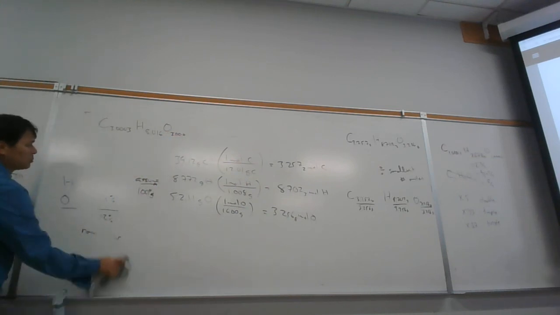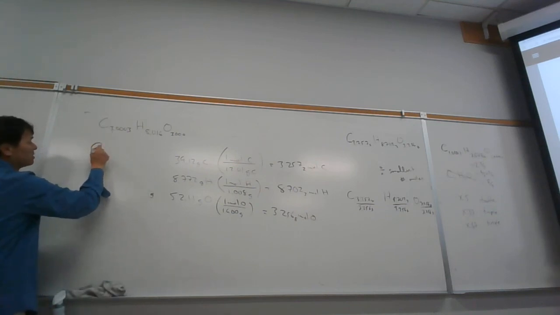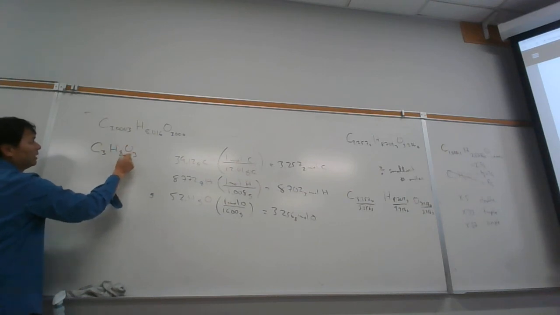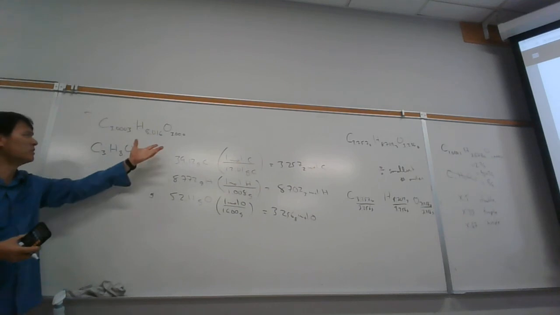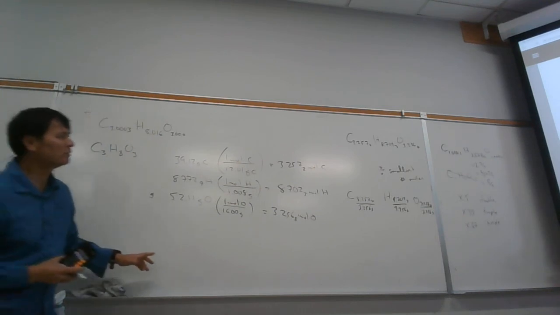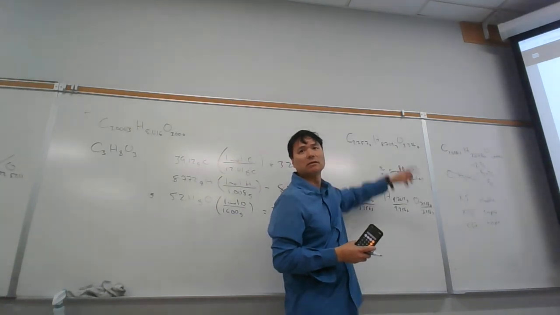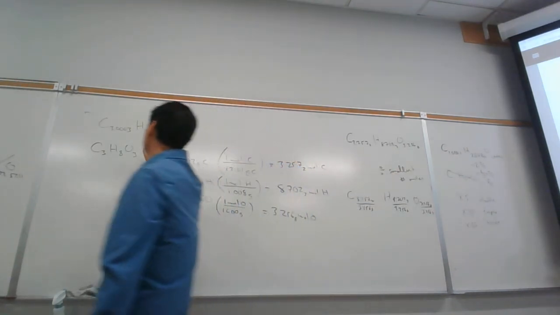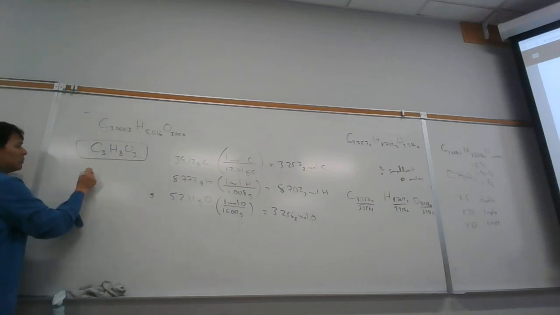Okay, now I feel much more comfortable rounding this. Because when I round this, I'm going to round this to C3H8O3. So here, I'm just rounding this down to 8, which is reasonable. Whereas before, I felt a little uncomfortable rounding that up to 9. And so C3H8O3, this is what we call the empirical formula. The empirical formula is the simplest whole number ratio.